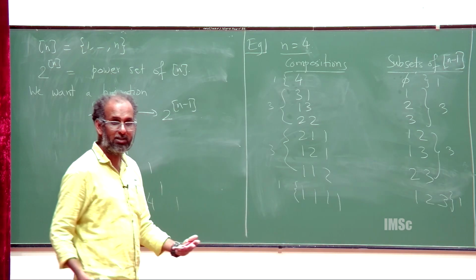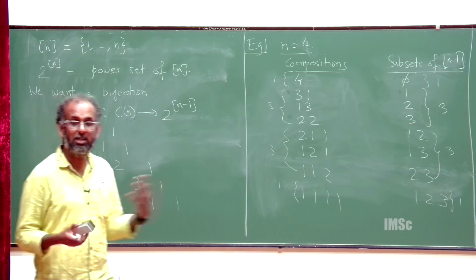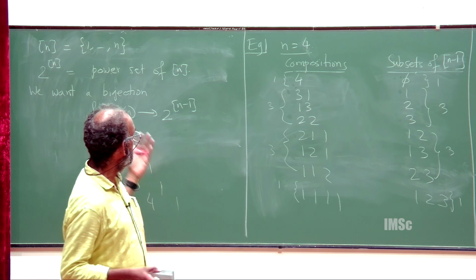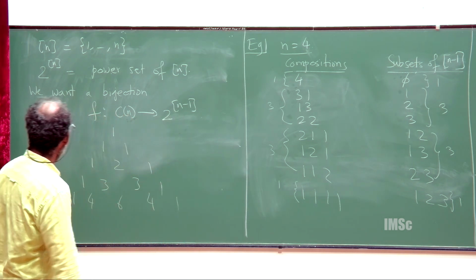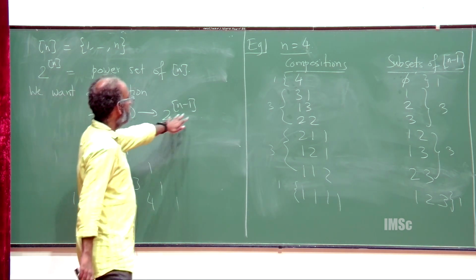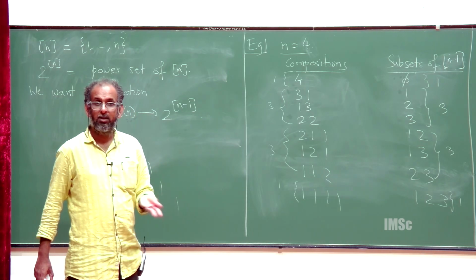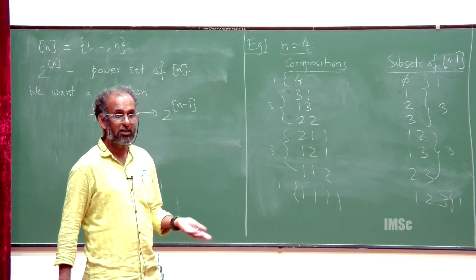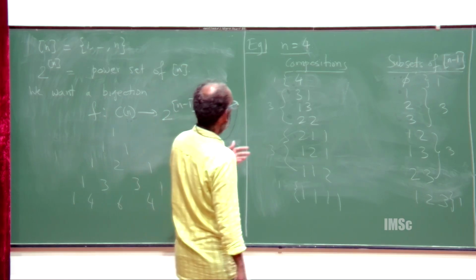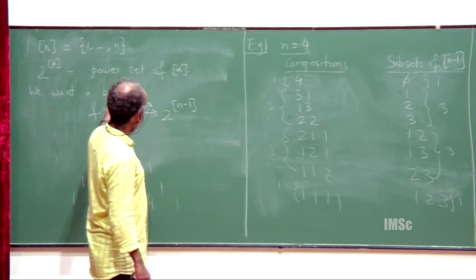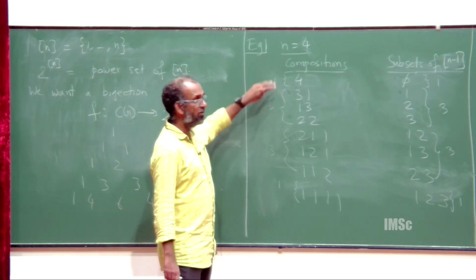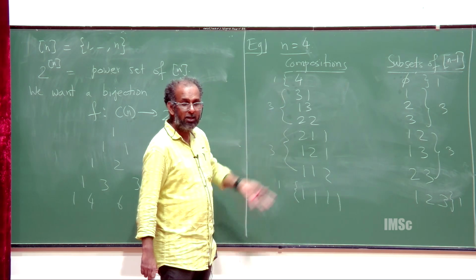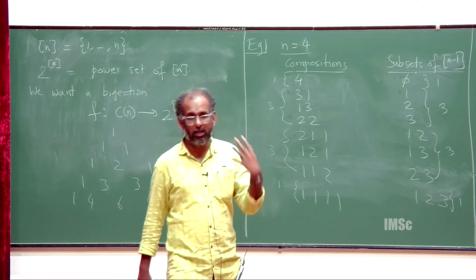So it's more information, and we know how many there are. How many subsets are there of 1 through n minus 1 with k parts? N minus 1 choose k, right? The binomial coefficient, right? And we are going to therefore show that the number of compositions of n with, let's say k parts, is n minus 1 choose k minus 1.